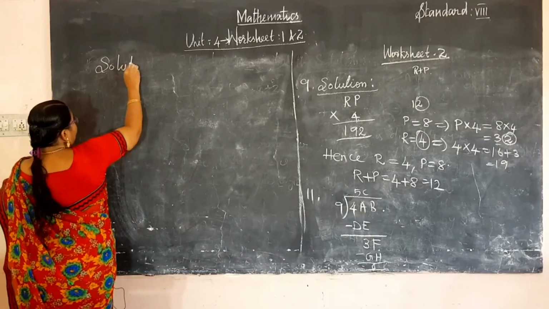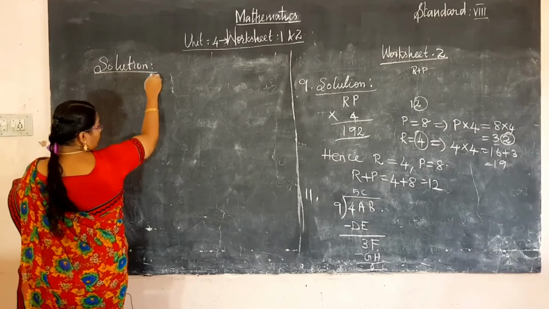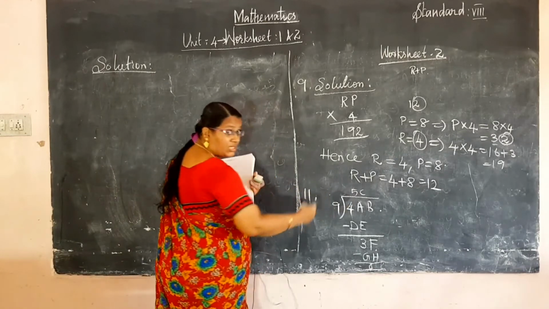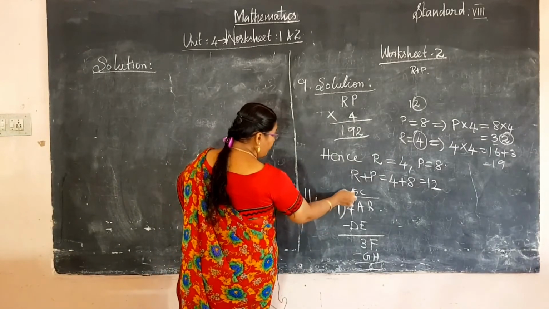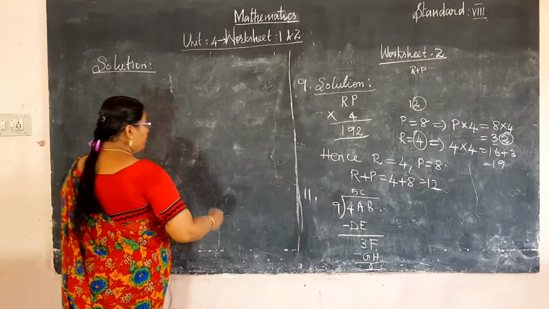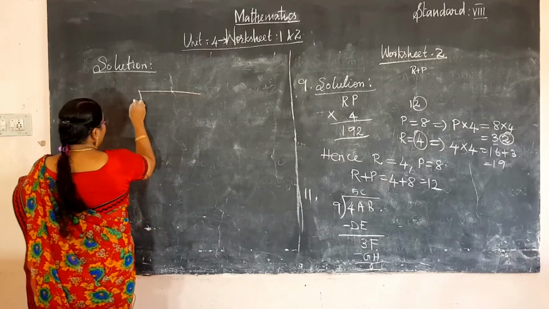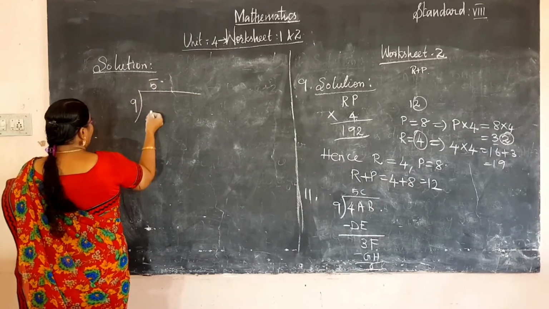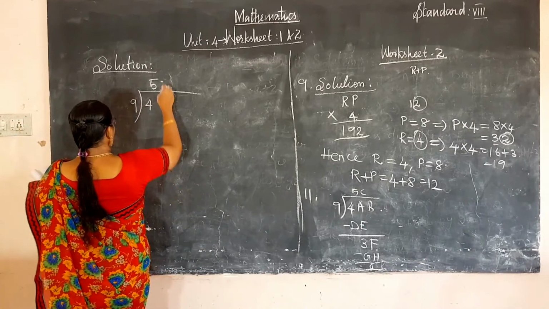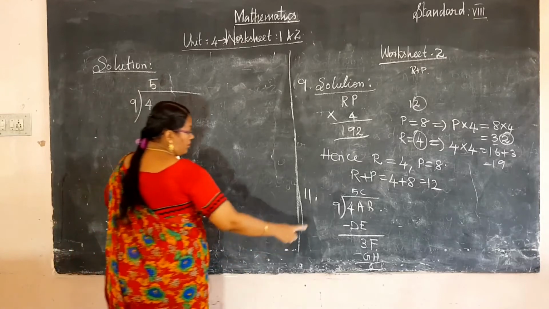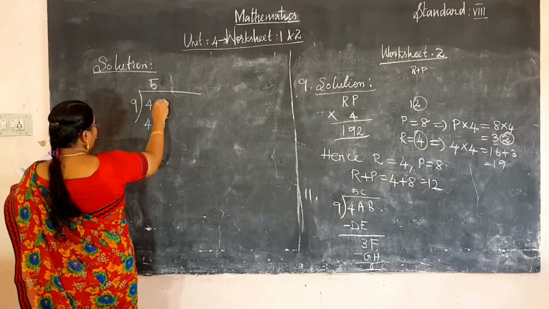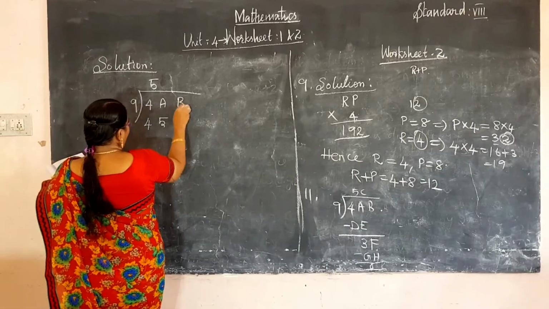Solution. First, the quotient digit is given. 9 5s are 45. Listen, 9 5s are 45. Here a is there, and here b.